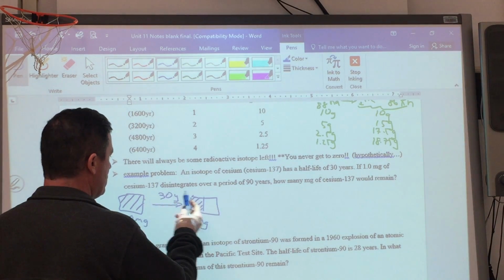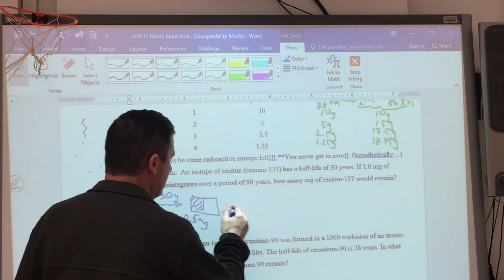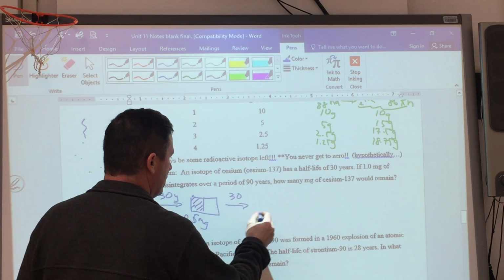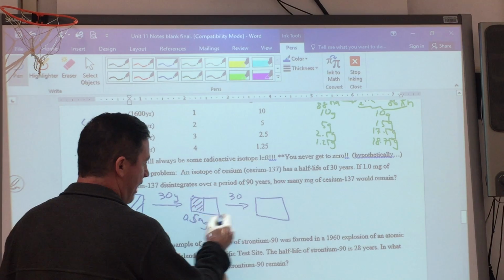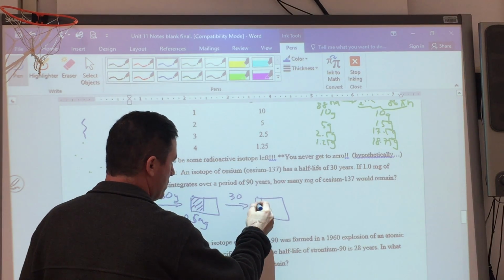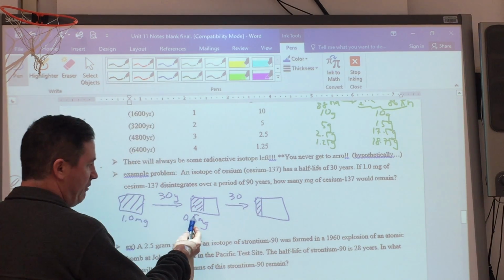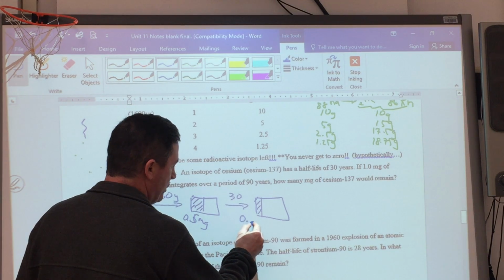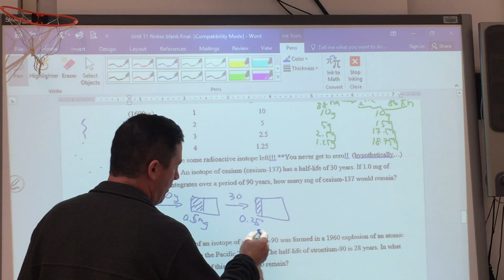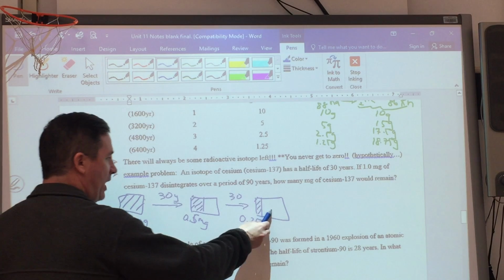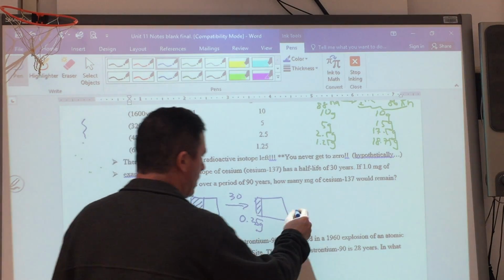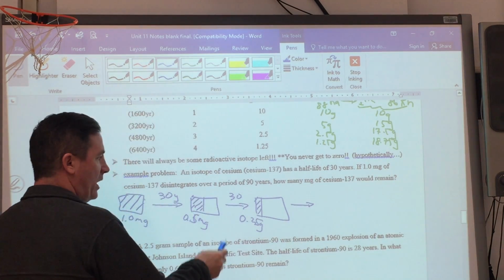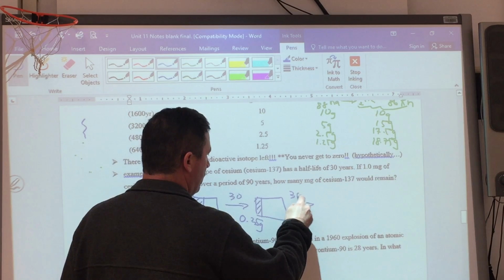So there's 30 years. They're asking for 90 years. So that's another 30 years. So I draw my same box, except I'm going to make it half as big as what that one shows. And what's half of 0.5? 0.25. And the rest is going to be barium, plus a little bit of electron from the beta. And I have to go another 30 years.